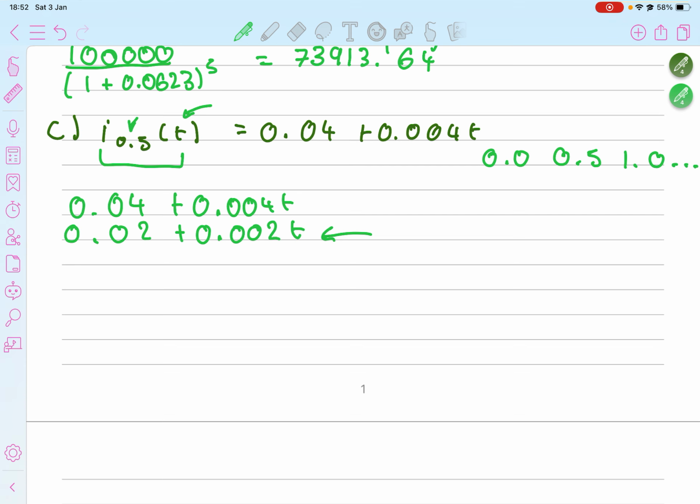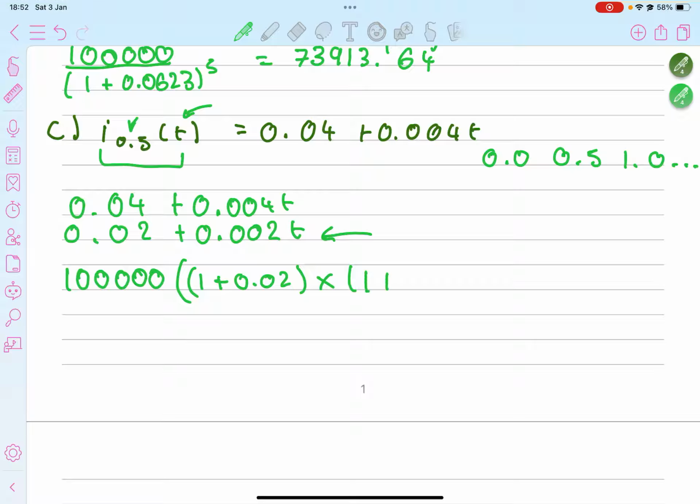So you do it annually, compound. Each individual one is simple, so it's the same as plus. For the first one, if I sub in 0 to this, I'll get 0.02, and then I times that by 1 plus, and then you find the next value.